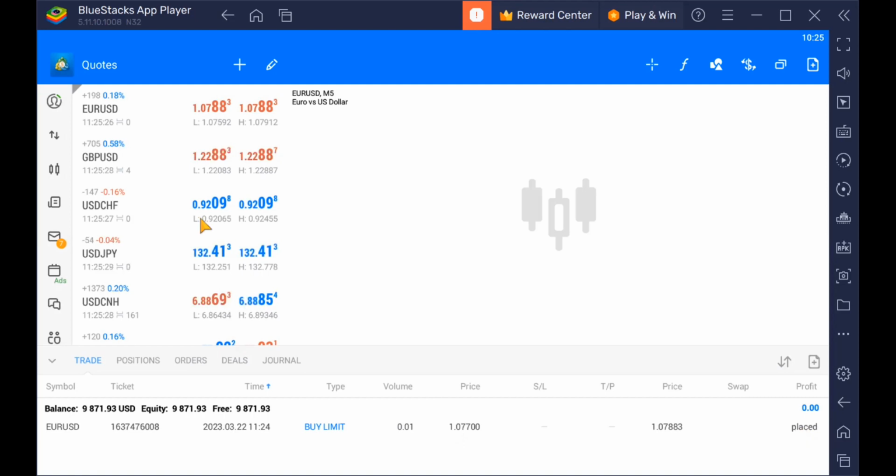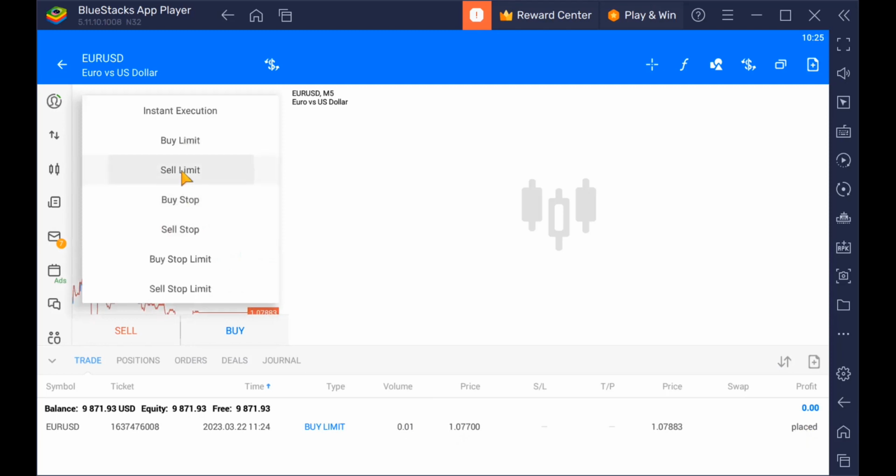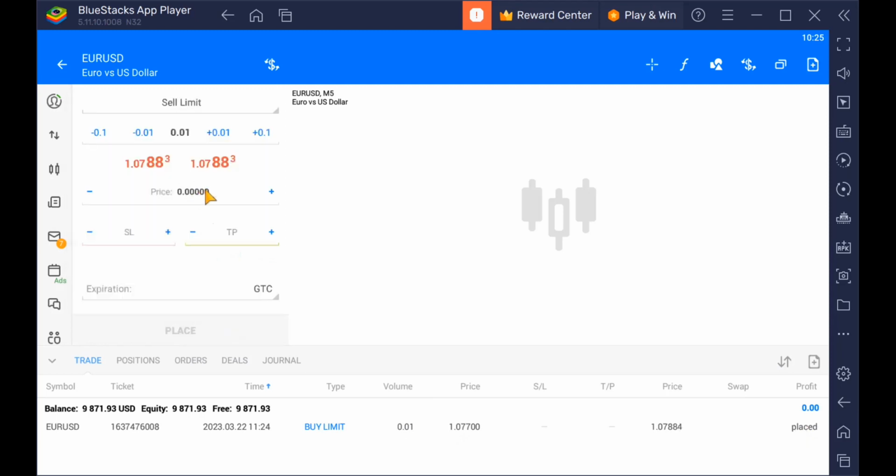Very, very straightforward. Now on the flip side, I can decide to open a sell limit, and if I open a sell limit, that means I'll put a price that's higher than the current price.